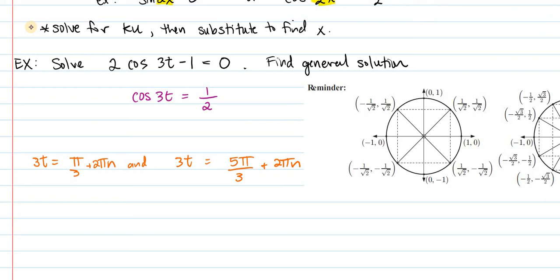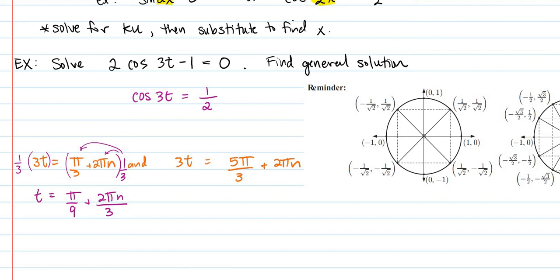So on the left-hand side, I'm going to multiply by 1/3, which is the same as dividing by 3. And on the right-hand side, I'm going to multiply by 1/3, which is the same as dividing by 3. I'm going to distribute that to both terms, so I get t equals pi over 9 plus 2 pi n over 3.